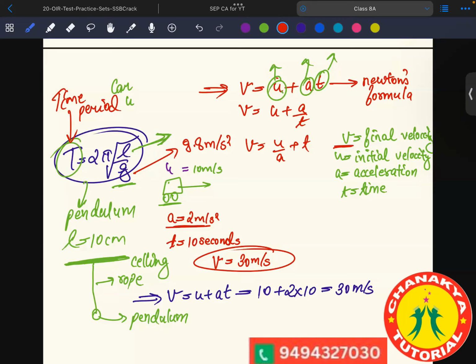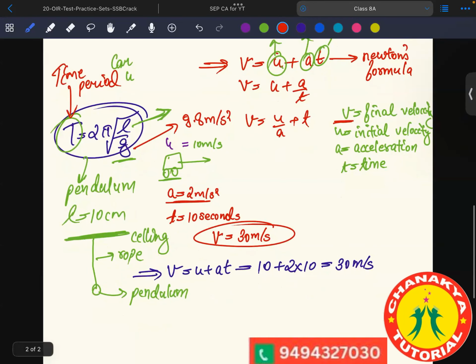I'm not asking to calculate it. I'm asking what is time period? What is time period in respect to oscillations? What does time period give us?